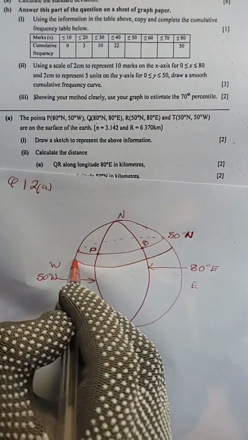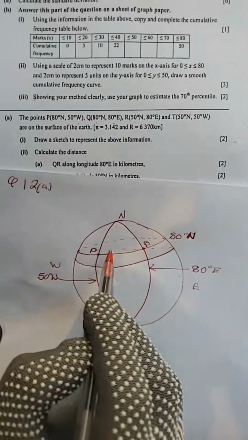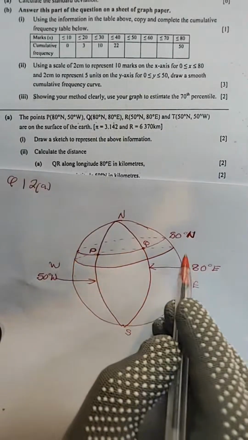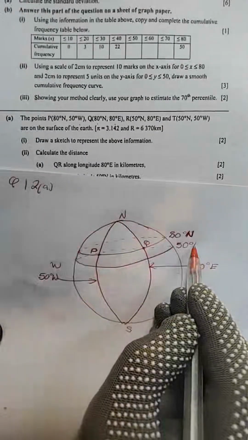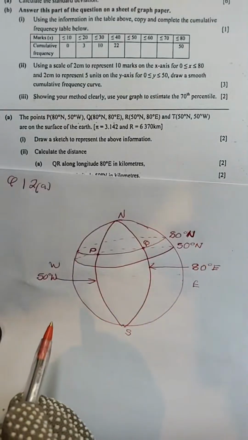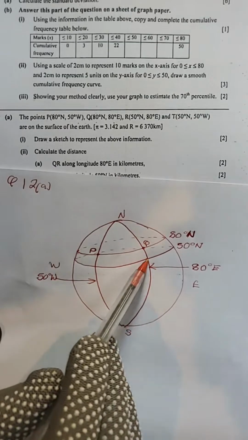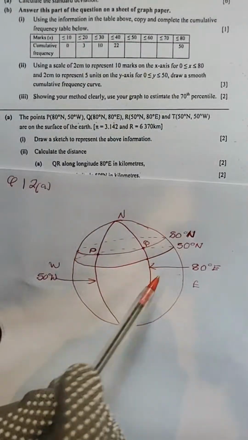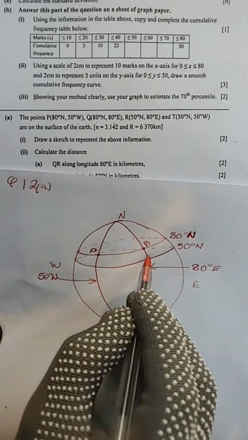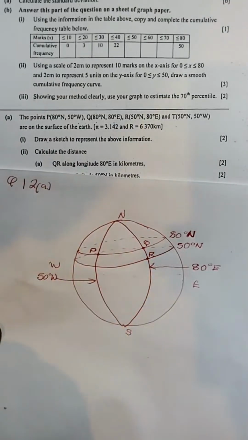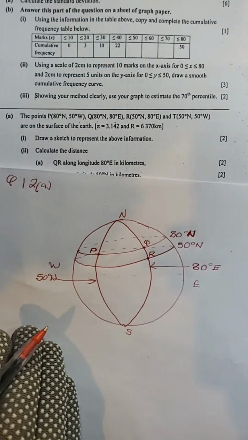Just indicate it there like this. So this is 50 degrees north. Point R is on this side, 80 degrees east. So this is where R is.